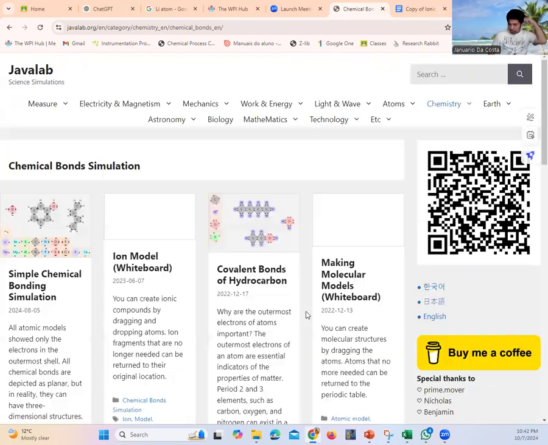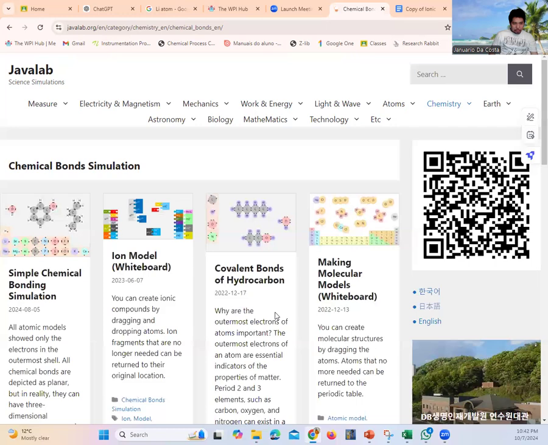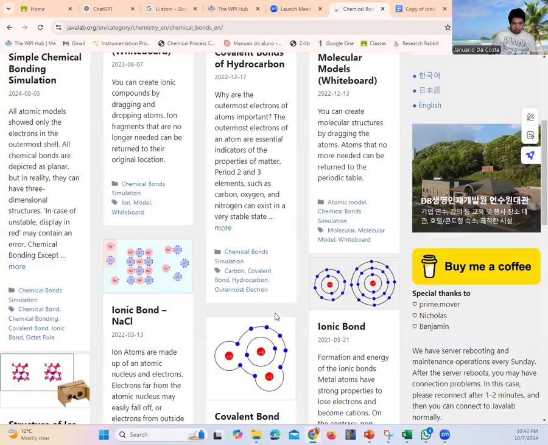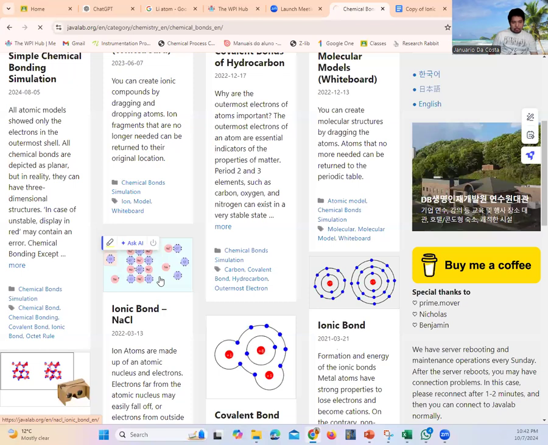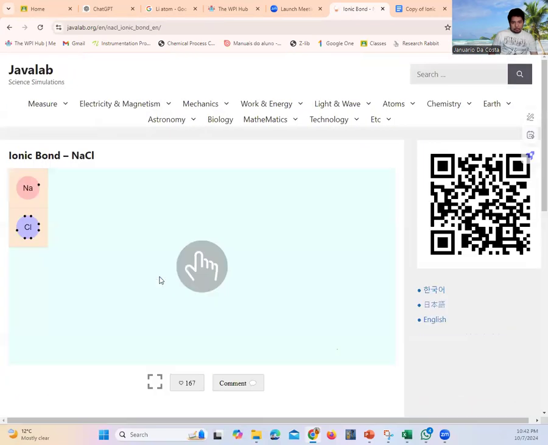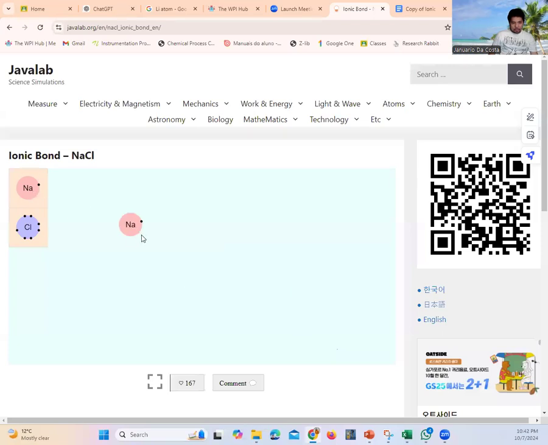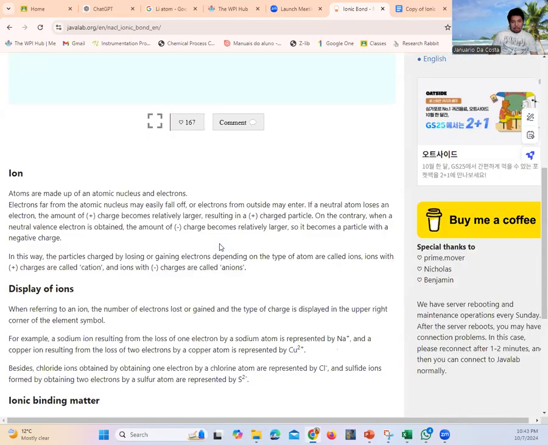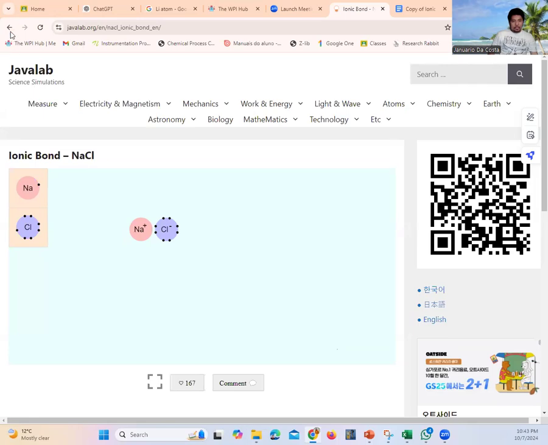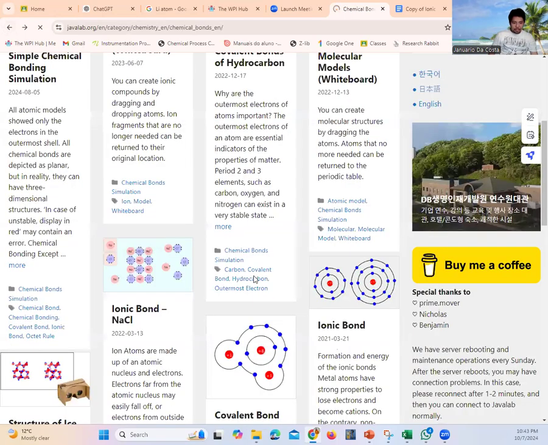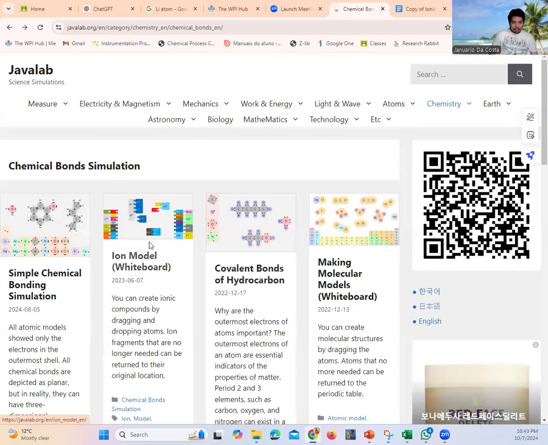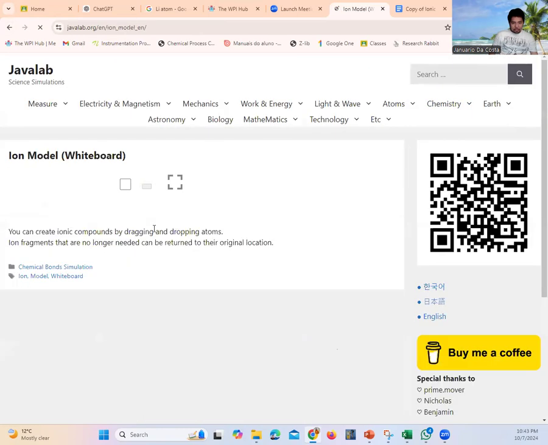Hopefully Java Lab works. Simple chemical bonding. You have a sodium atom bonding to a chlorine atom. It treats it like an ionic model. How do I do this?